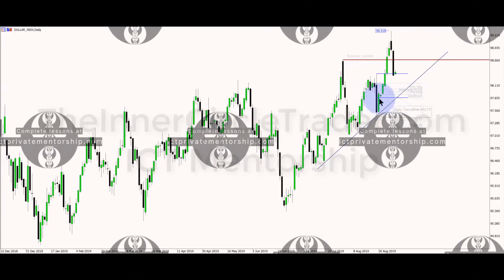There's equilibrium; that's what this little blue line is. So I'm looking at two points of reference. It just so happens that this mean threshold, if you extend it out, touches that trend line phantom.